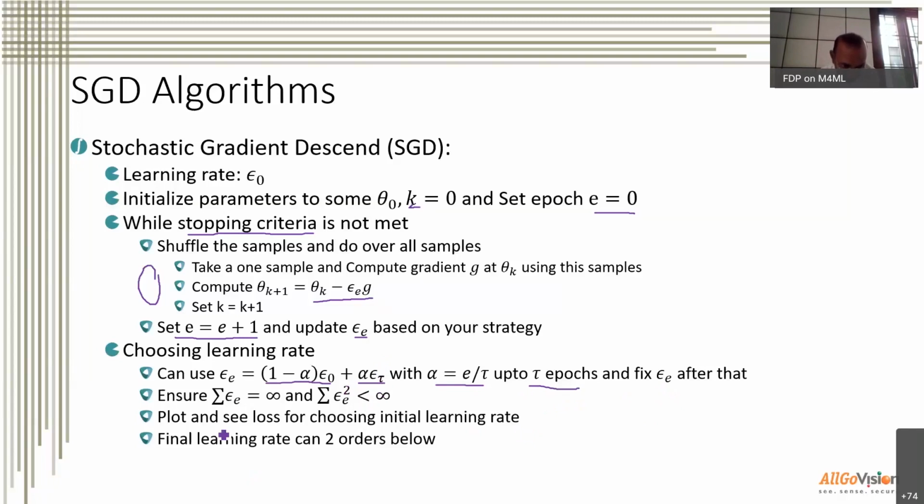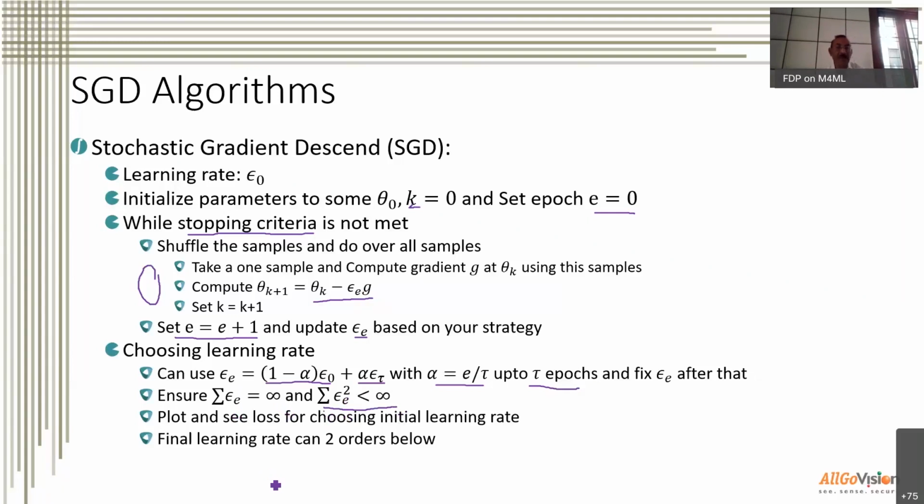You need to ensure that the sum of all the epsilon e's is infinity. Why is that? It is so that your entire space of theta is reachable from wherever you are. That is what this condition guarantees, and the second condition guarantees that you don't wander off too much.